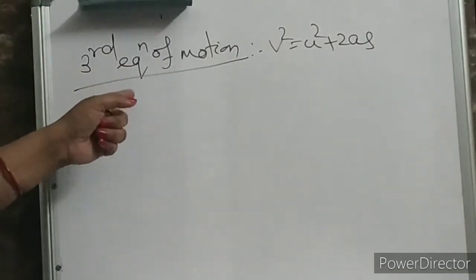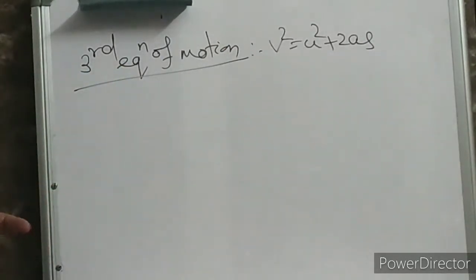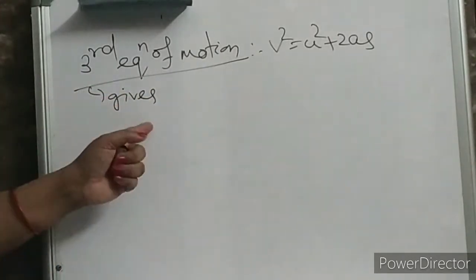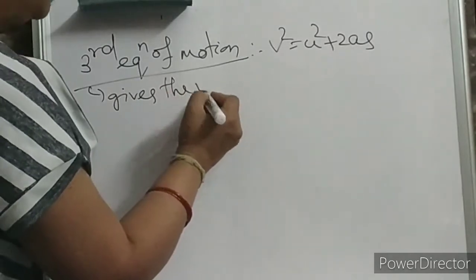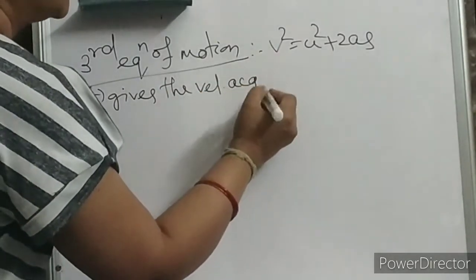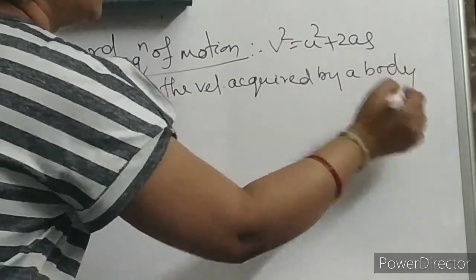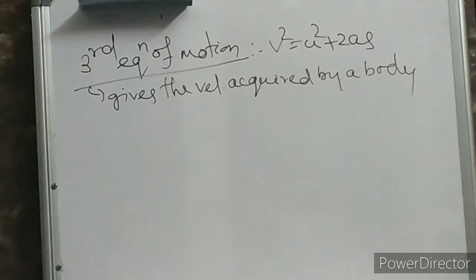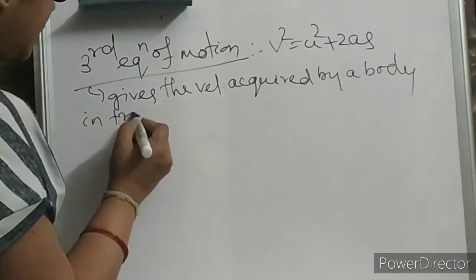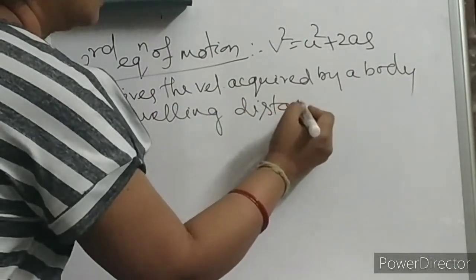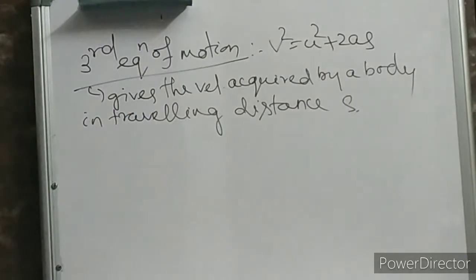Because this equation gives the velocity acquired by a body in traveling a distance S. Very important, then only you can apply it in problems and numericals. It gives the velocity acquired by a body in traveling distance S.